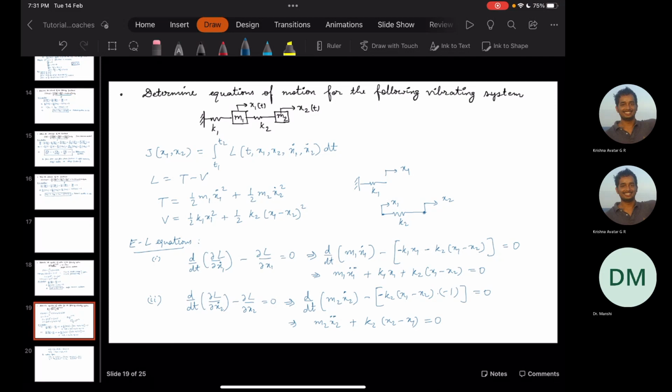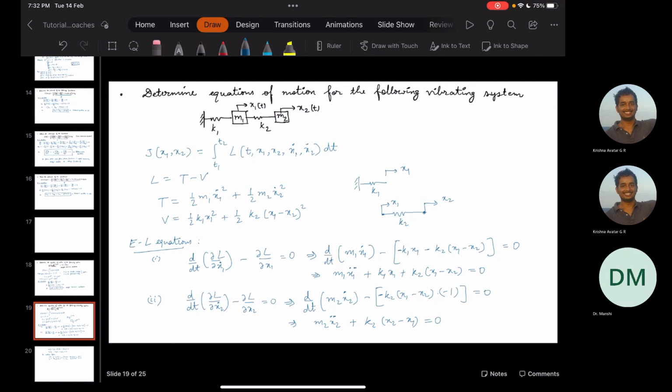But for spring 2, we need to be very careful. What we see is that the spring k2 has two ends. One end displaces by an amount x1, and the other end displaces by an amount x2. You know very well that the strain energy stored in a spring is proportional to the net elongation of the spring.